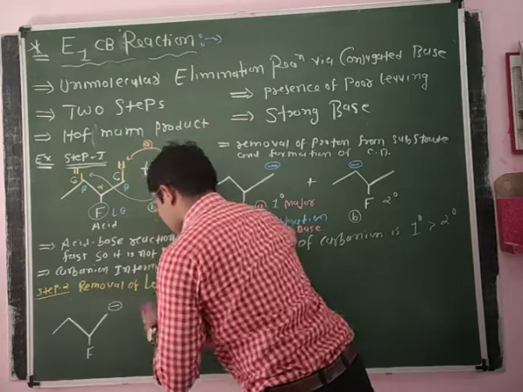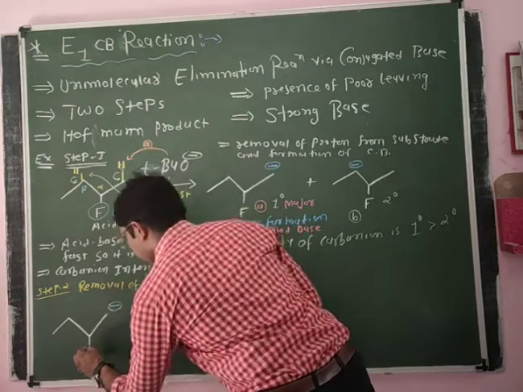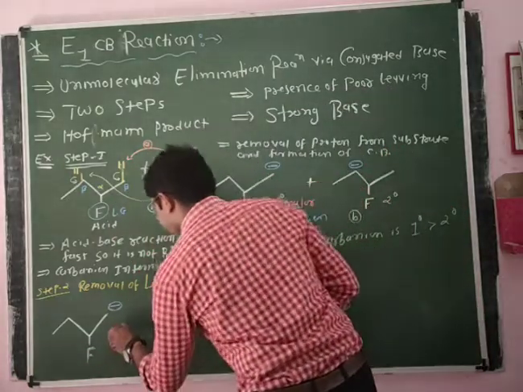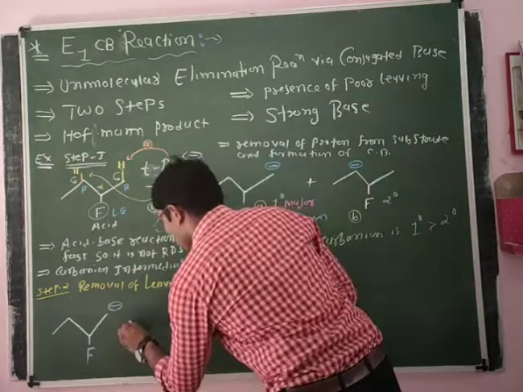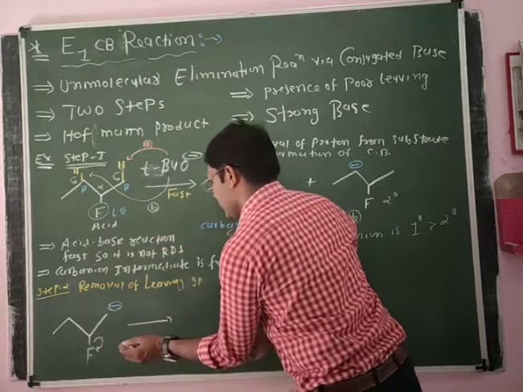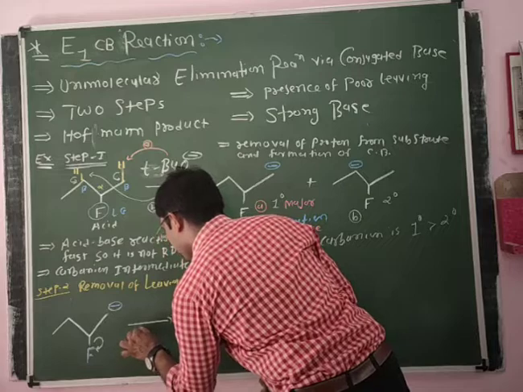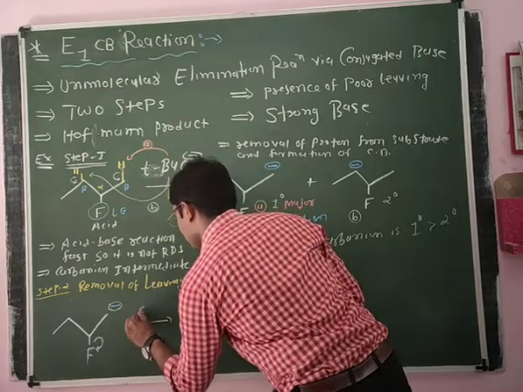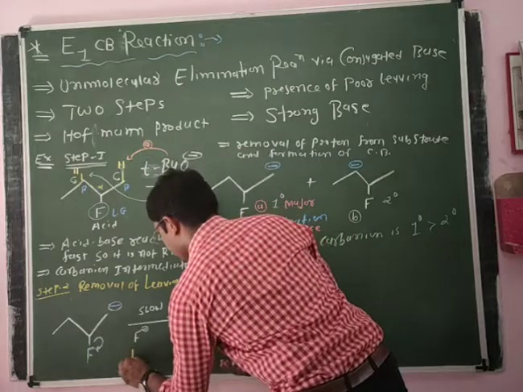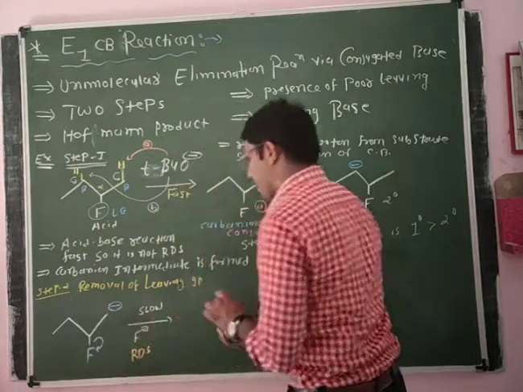This one is the carbanion, and here our fluorine is our leaving group. So in the second step now, removal of this fluorine as a leaving group, meaning F minus, and this one is the slow step, and you know very well a slow step is always the rate determination step.